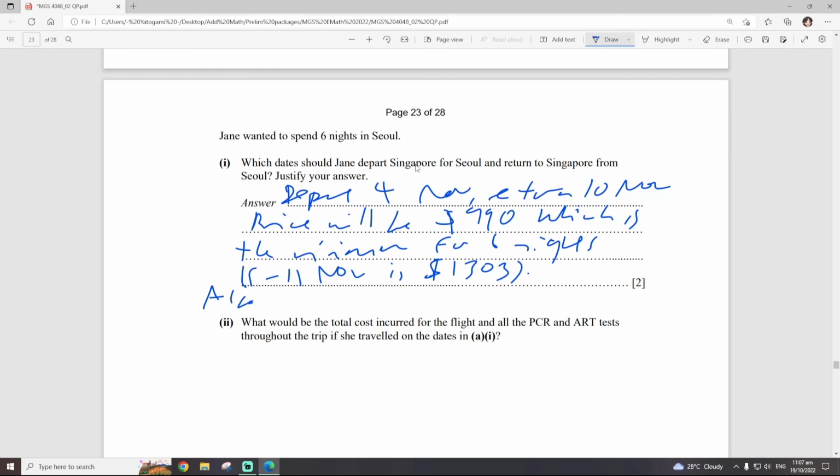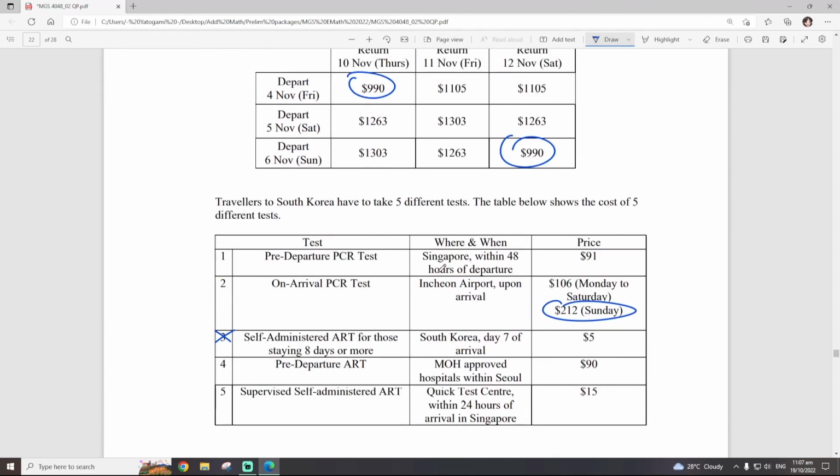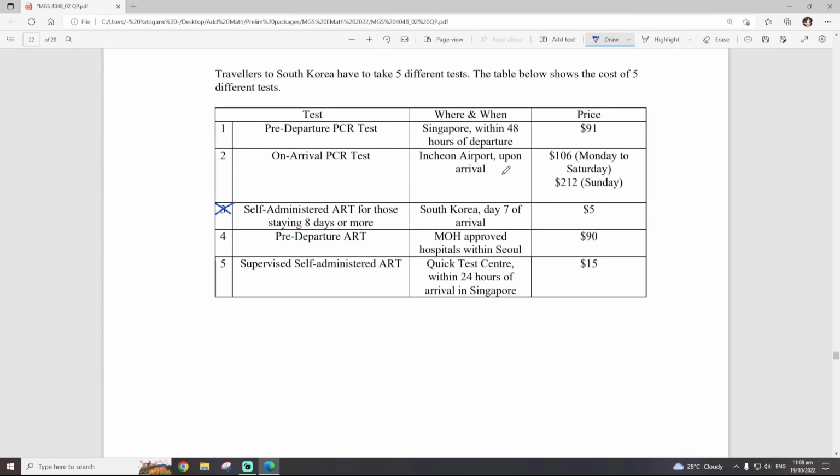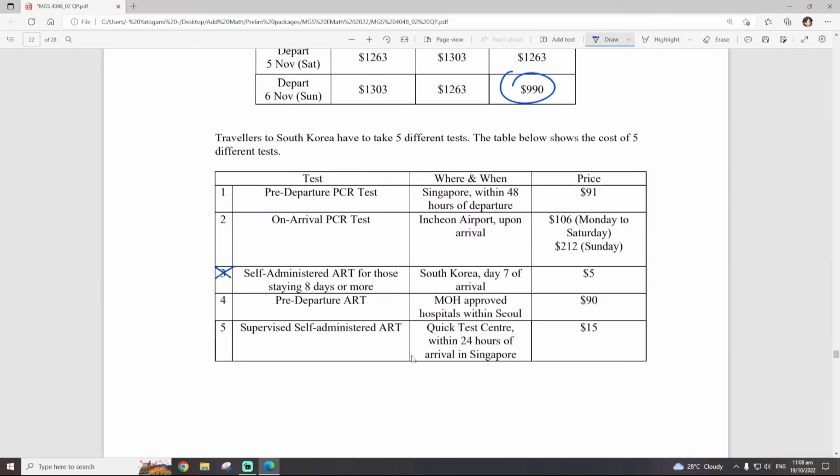Also, PCR is more expensive on Sunday than other days. Okay, I think that should be included also. You can quote the values if you want. Okay, so what we want is including all the PCR and ART, and this includes the one that you do on arrival. So this one is yes, this one is yes. We're going to take this one also, and that one. And pre-departure, okay.